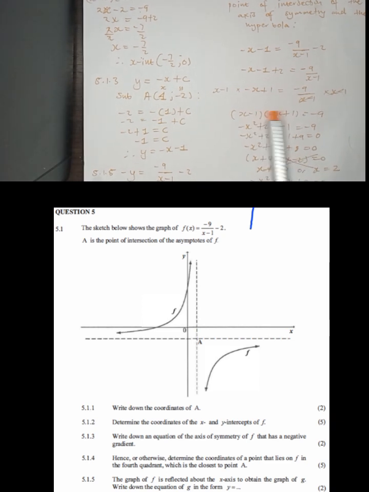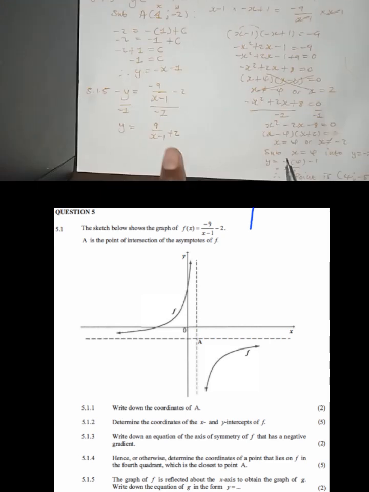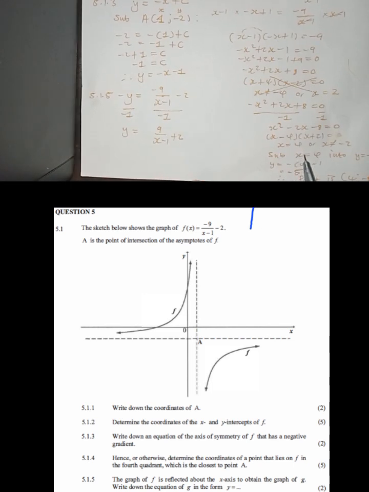Then you multiply this and that, which is equal to -9. You distribute, simplify, multiply out the brackets, which gives this equal to -9. Then you simplify, and x is equal to 4, or x is equal to -2.